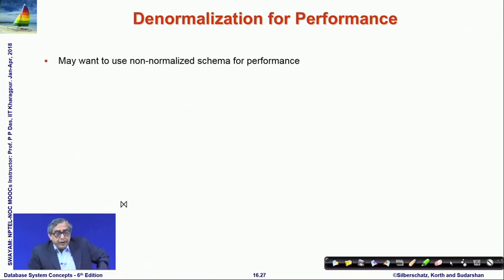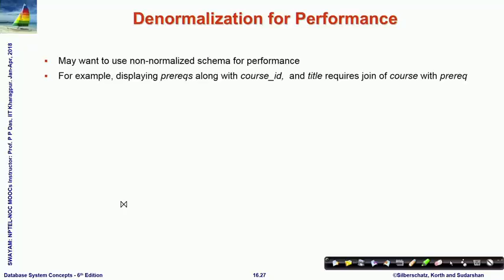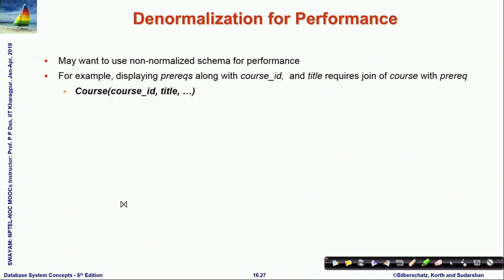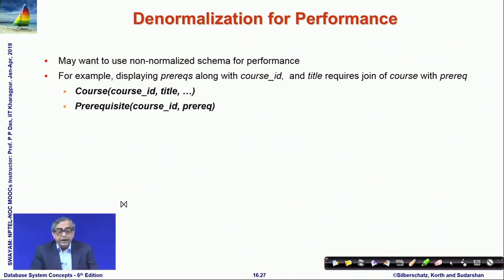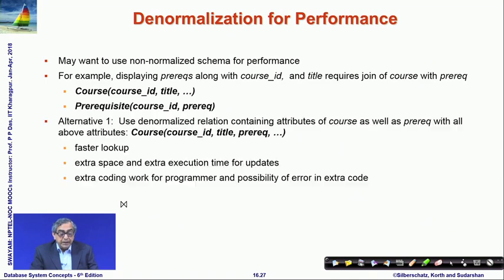It should also be kept in view that there are times when you want to use denormalized relations, because if you have normalized, then the only way to get back the original view is to perform a join. So, if you have course, and if you have prerequisites, and you want to view or print prerequisites with the title and course ID, naturally you will have to take a join with the course, which is expensive.